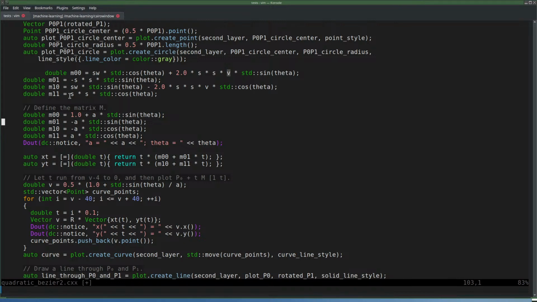Okay, and S was a new scaling factor between the distance between P0 and P1, which I now set to 1, which gives the ratio between what I call the width of the parabola. So it's, I guess, the reciprocal of the square of the width.